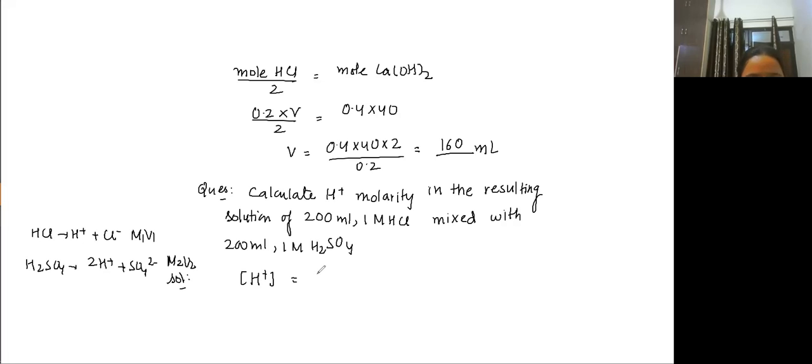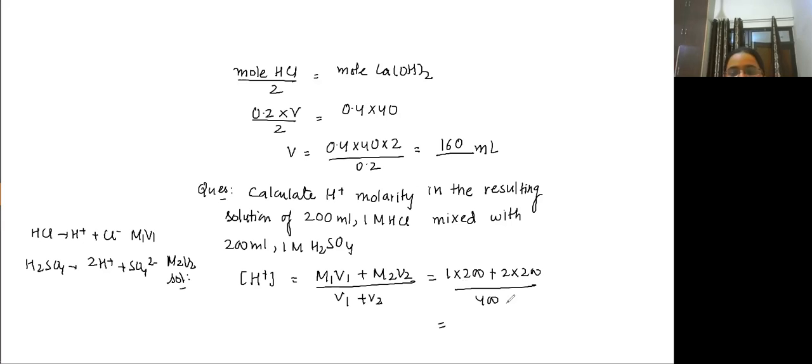So H plus concentration will be M1V1 plus M2V2 divided by V1 plus V2. From HCl only one H is coming, so it will be 1 into 200. From H2SO4, 2 are coming, so it will be 2 into 200 into 1. And total volume is 400.